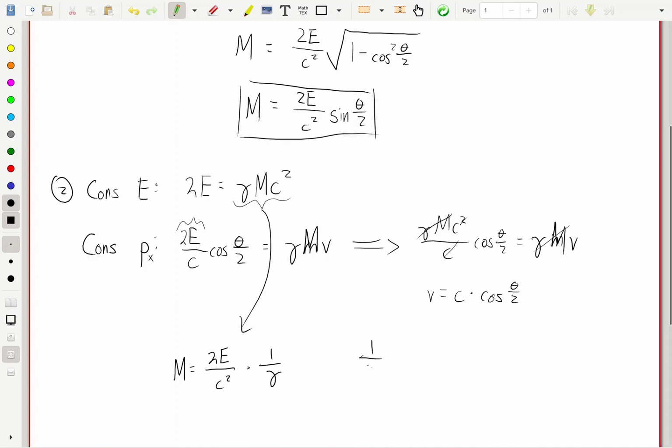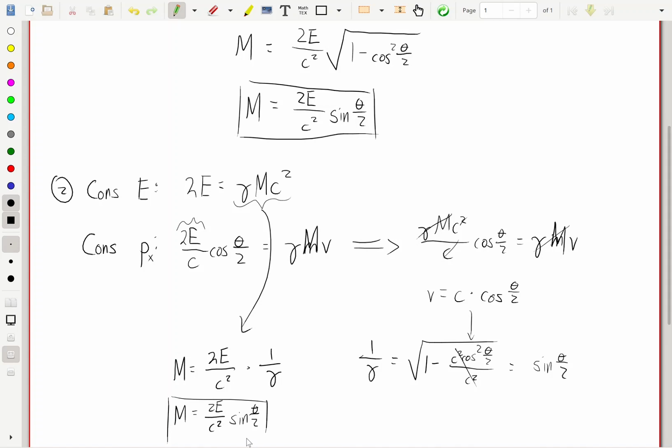And 1 over gamma is given by the square root of 1 minus v squared over c squared, which is c squared cosine squared theta over 2 over c squared. The c squareds cancel out, and you can see we have, like last time, sine of theta over 2. So again, we have mass is equal to 2E over c squared times sine of theta over 2.